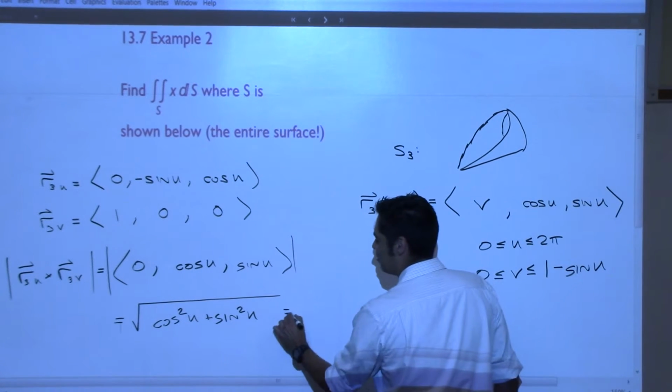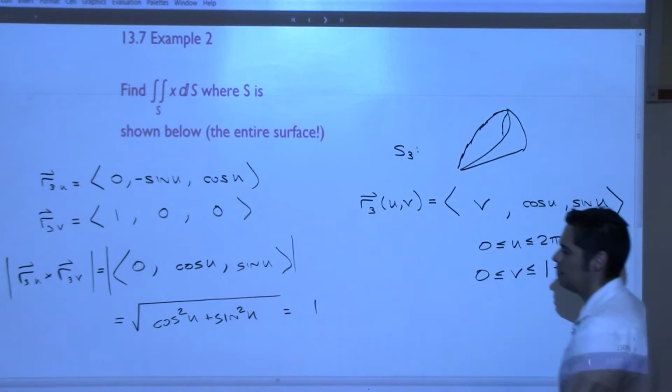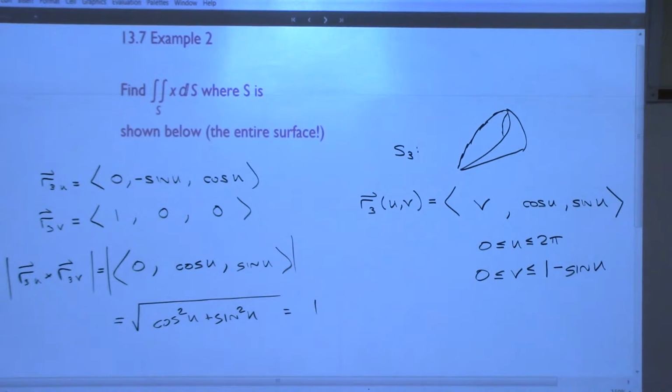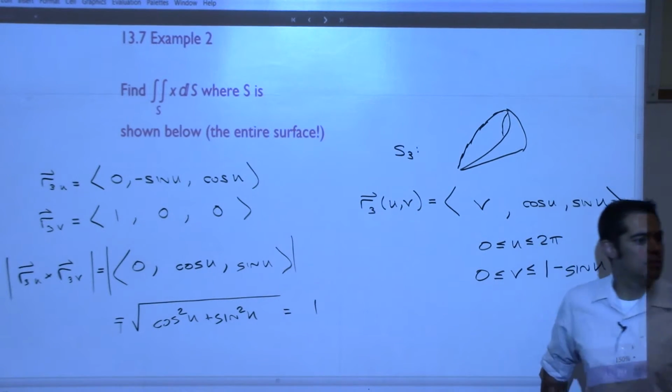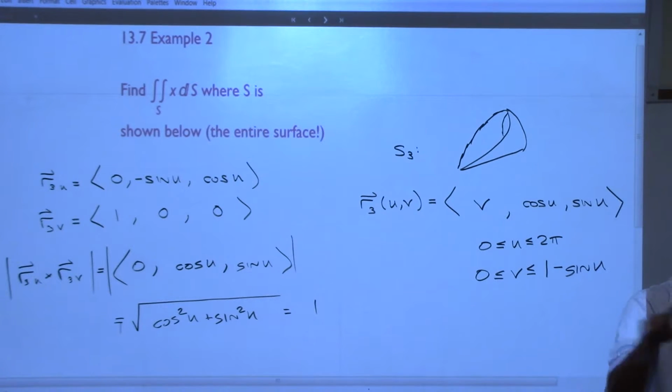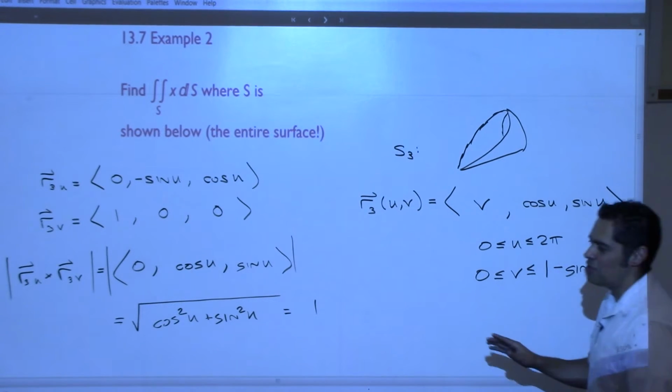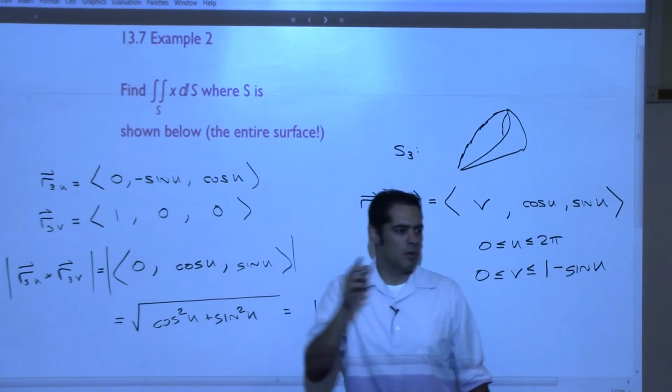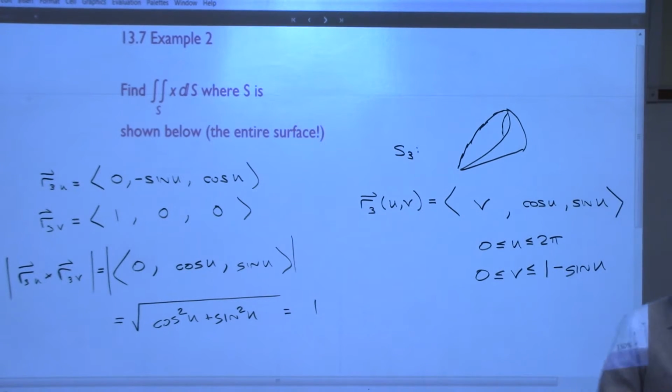Isn't it supposed to be 1 plus that? Not for magnitude. You're thinking of that shortcut thing. We're just looking at the magnitude of the vectors, just the square root of each of the components squared, added together. Okay, and that's just 1, right? All right, well, that's nice. That works out pretty good.